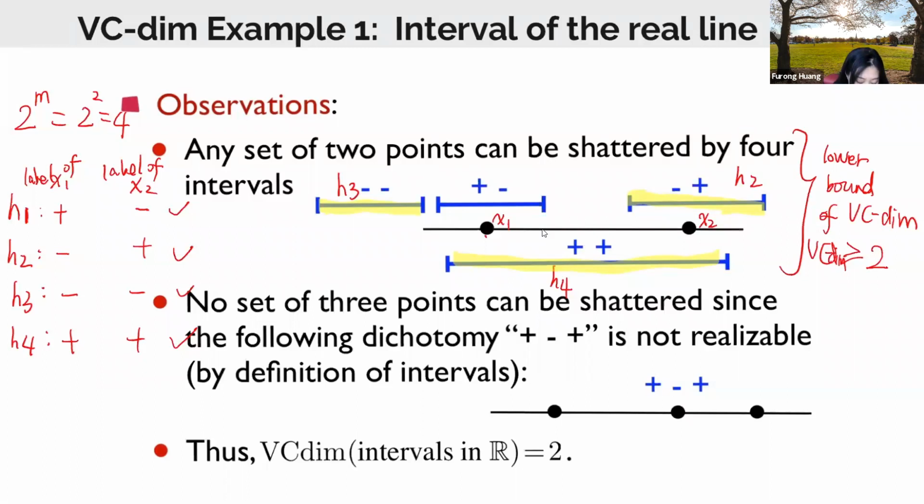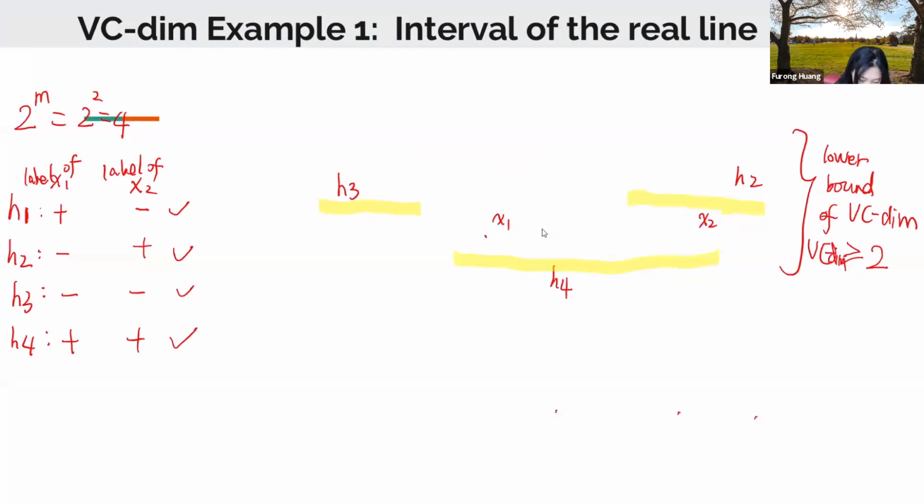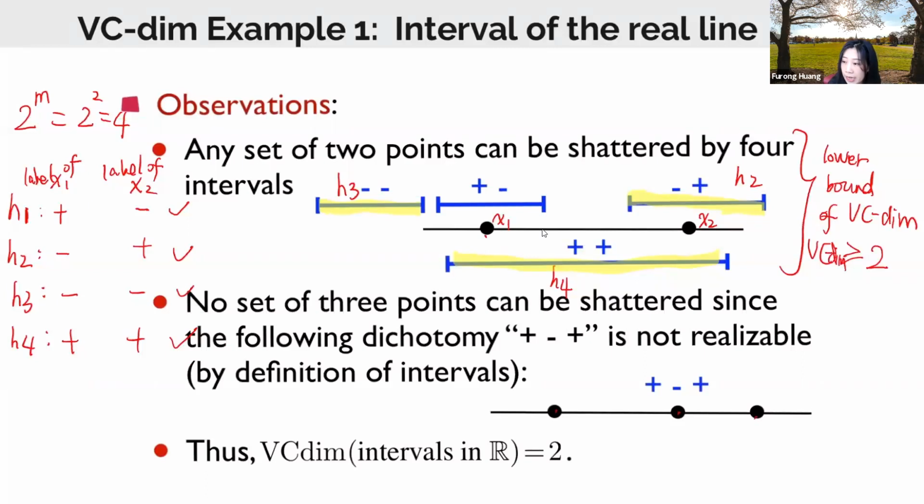In order to have a full shattering, you need to make sure that your hypothesis can realize all possible ways of labeling these 3 points.